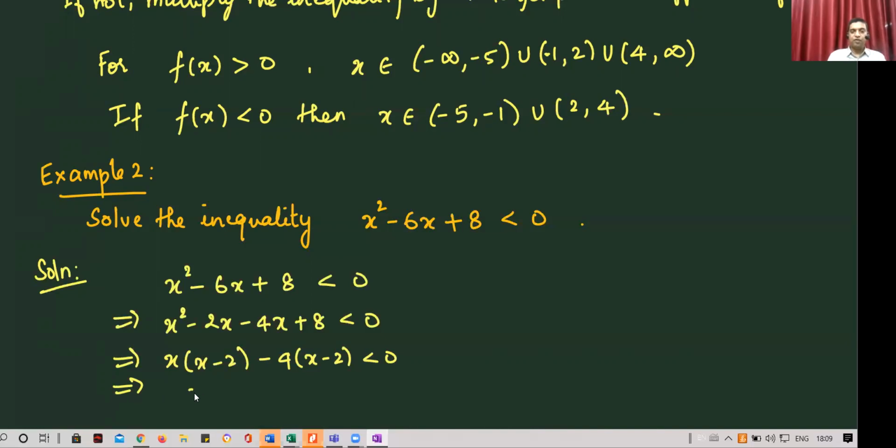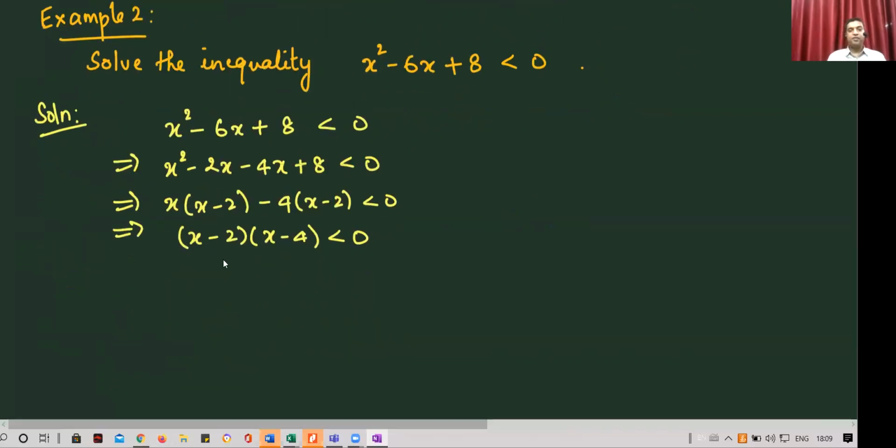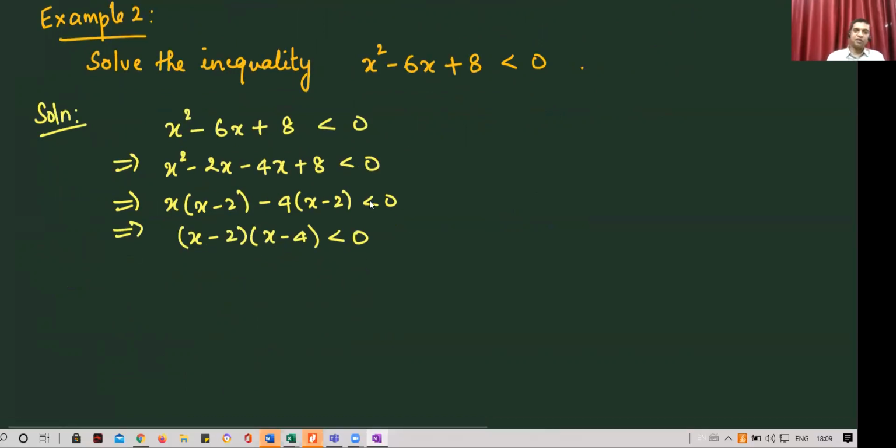So the factors are x minus 2 and x minus 4. All right, we need this to be less than 0. From quadratic expression, we know that x minus alpha into x minus beta less than 0 means x should lie between alpha and beta.